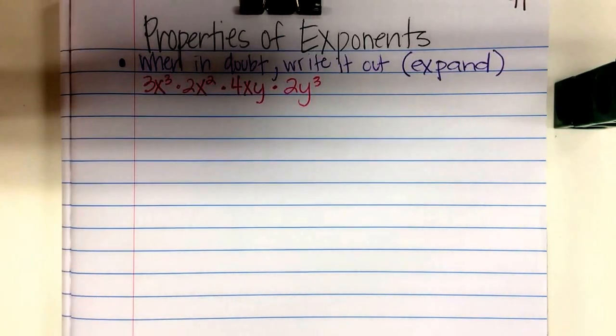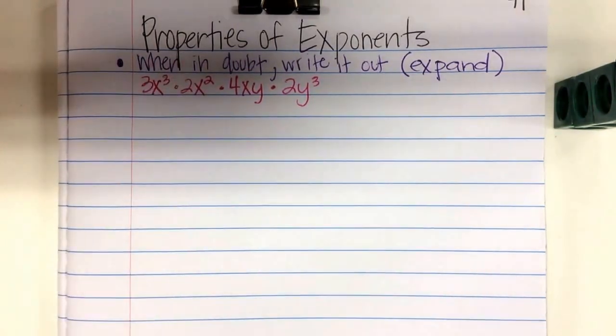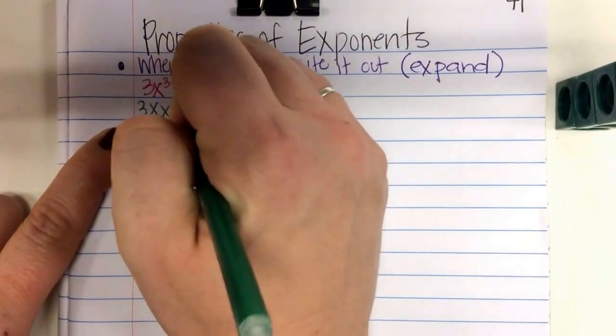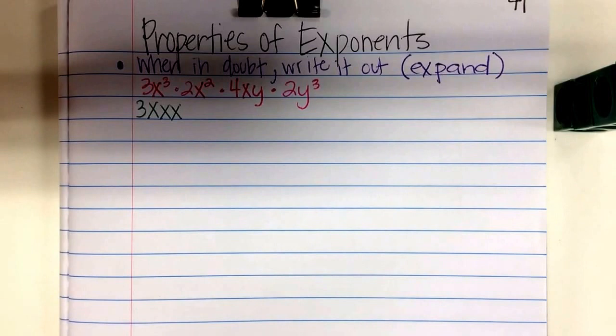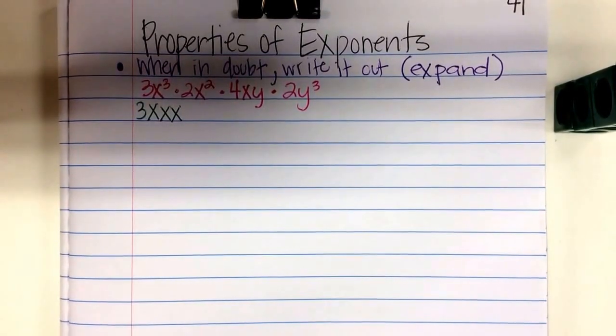When in doubt, write it out. So instead of writing 3x to the third, I'm going to write down 3xxx. That's 3x to the third. What would you put instead of 2x squared? Who knows?